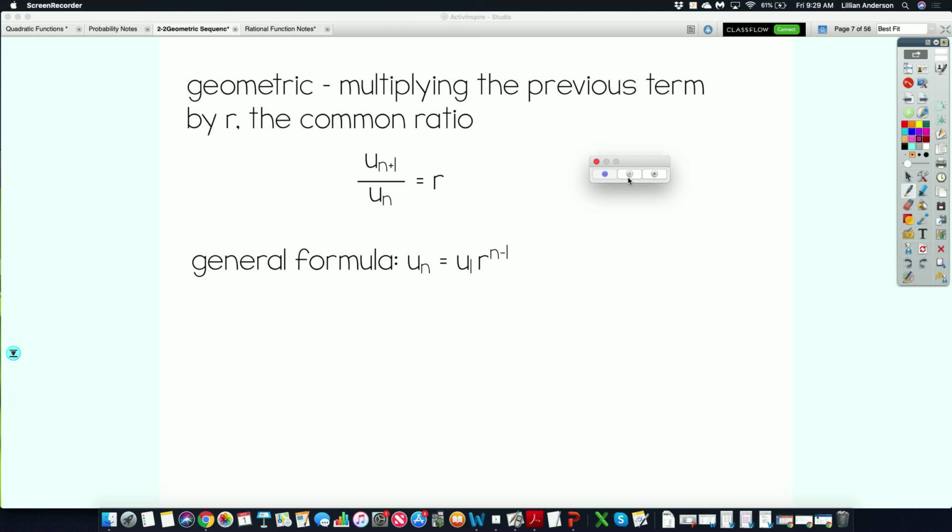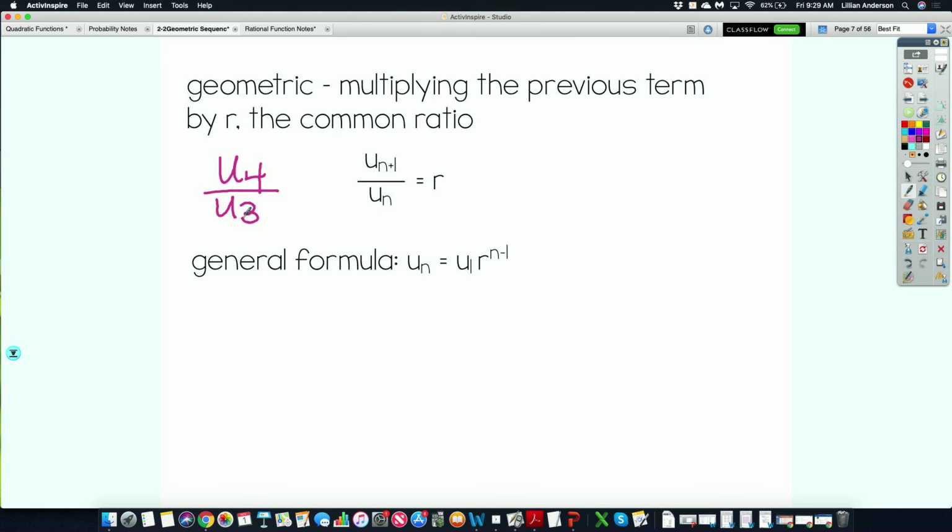What does u sub n represent? Okay, it represents the nth term. So if n was 3, then u sub n would be u sub 3, the third term. So then u sub n plus 1 would be what? The fourth term. So to find your common ratio, you could do your fourth term divided by your third term.